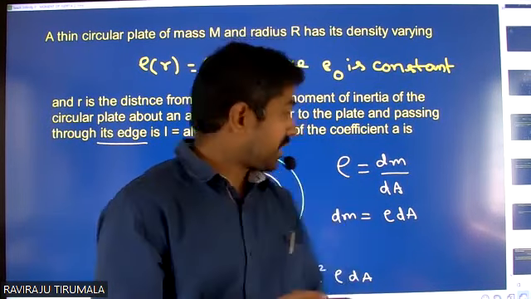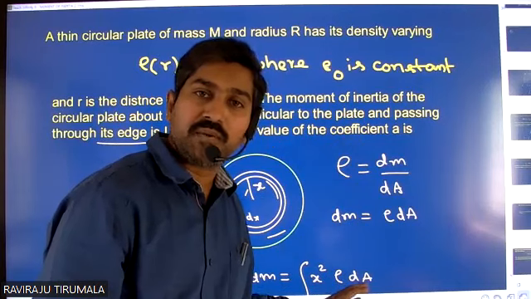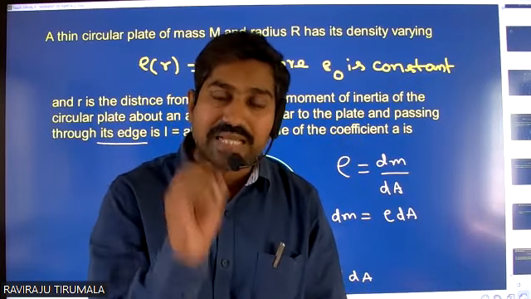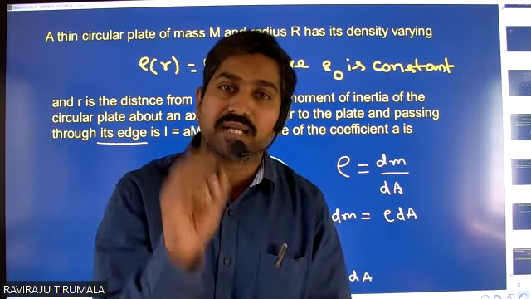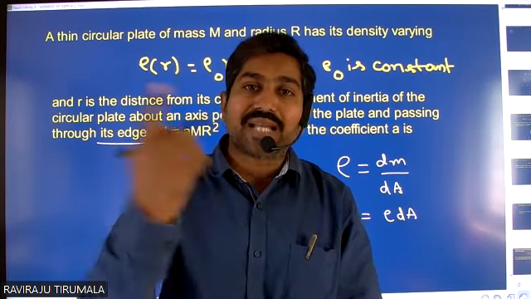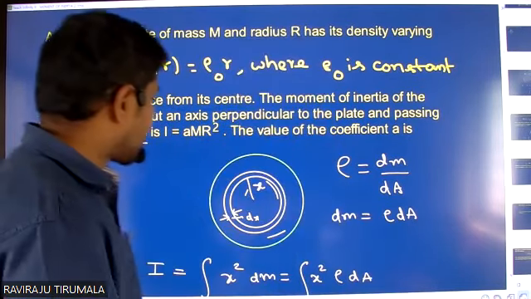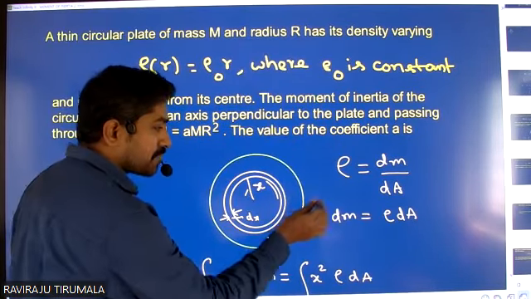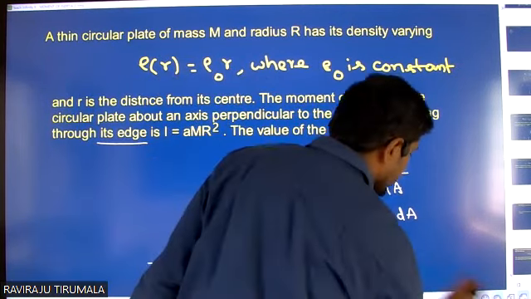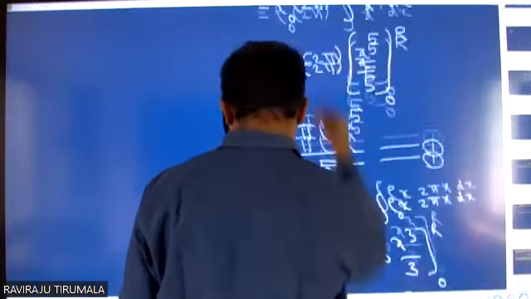So now we calculated the whole thing only about an axis passing through center, because the reference point was taken at center. Now you have to apply a parallel axis theorem to calculate moment of inertia about an axis passing through edge only. So according to parallel axis theorem, what we write here?